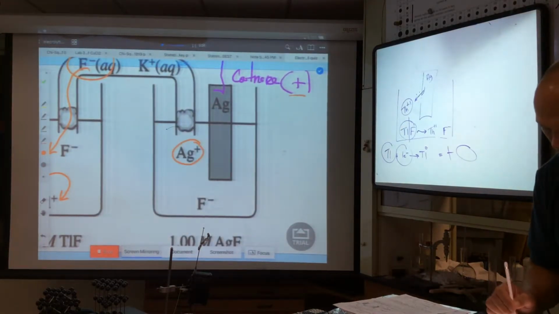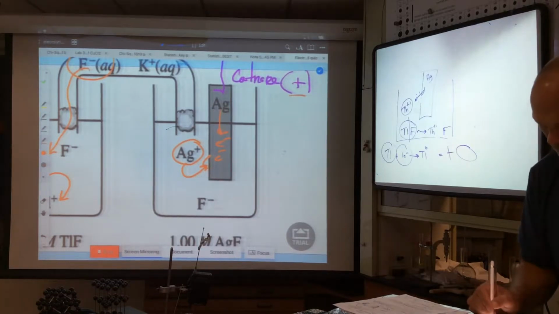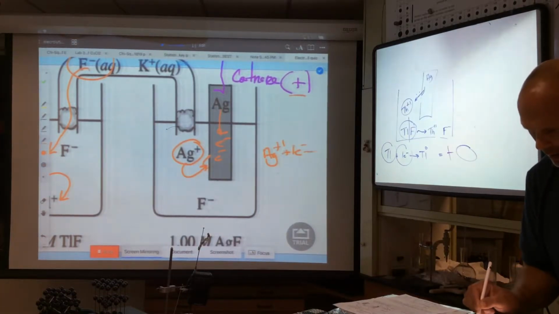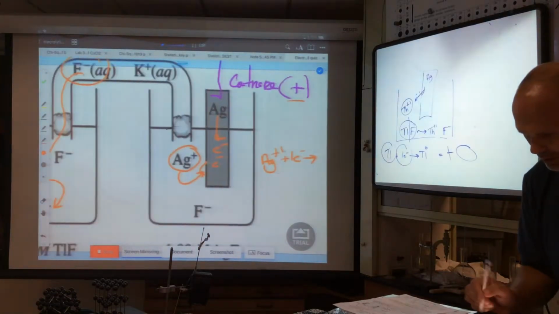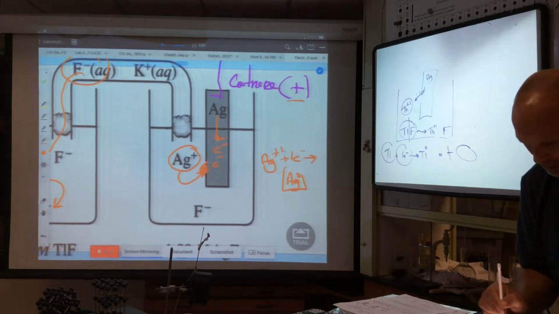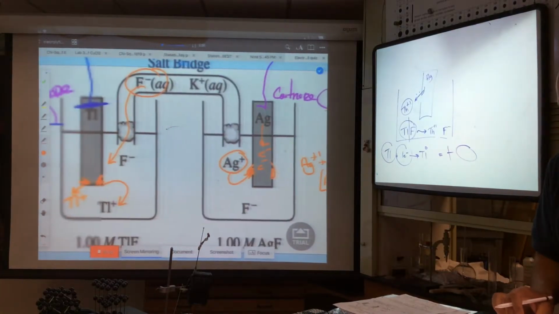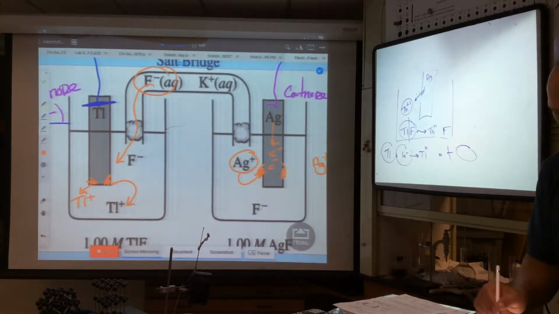The silver plus is getting the electrons that are being pumped down. Ag plus is grabbing the electron and making Ag zero, which is a solid. We're plating on the cathode. This is getting bigger. We're losing positives. So in this case, the positive comes down to replace it.